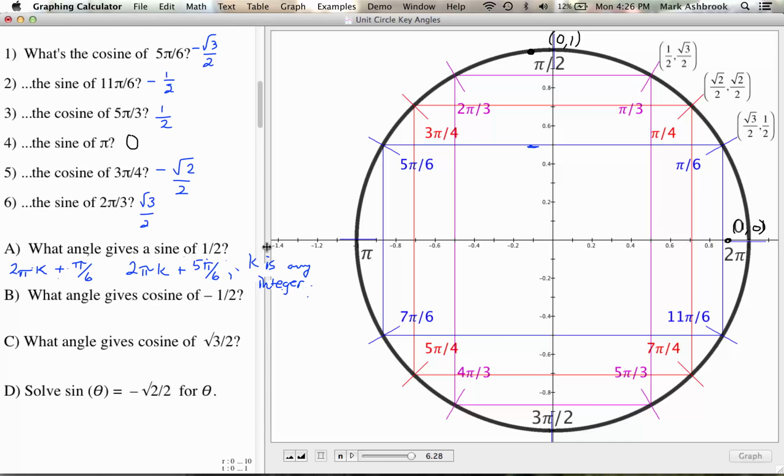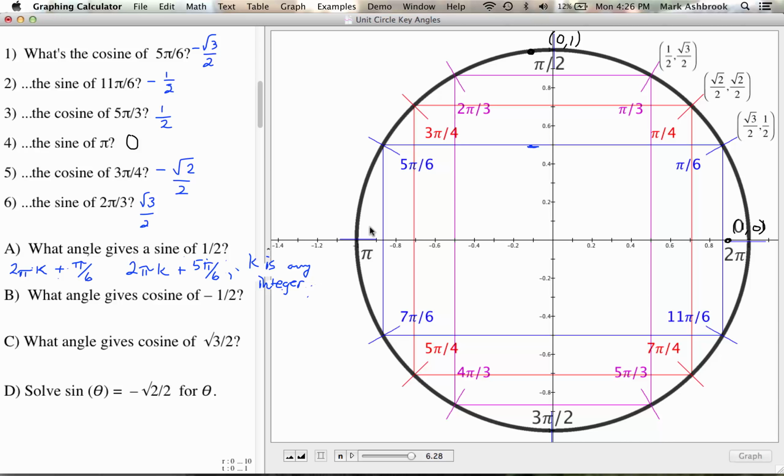There we go. So here we are, 1/2 unit to the left of the vertical diameter. And again, same situation, we have 2 points. If we wanted an angle between 0 and 2 pi, 2 pi over 3 and 4 pi over 3 would be the 2 angles that would have a cosine of negative 1/2.